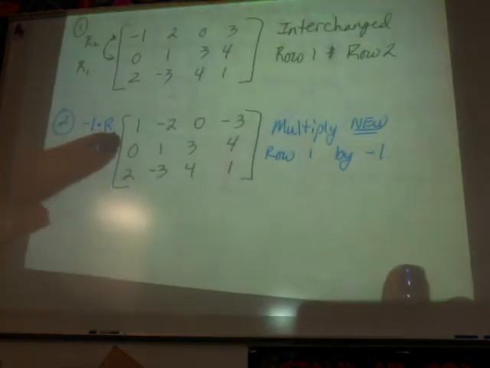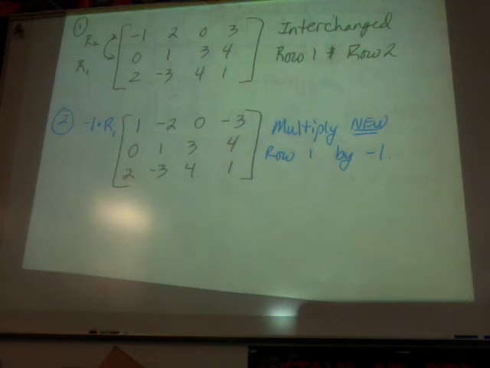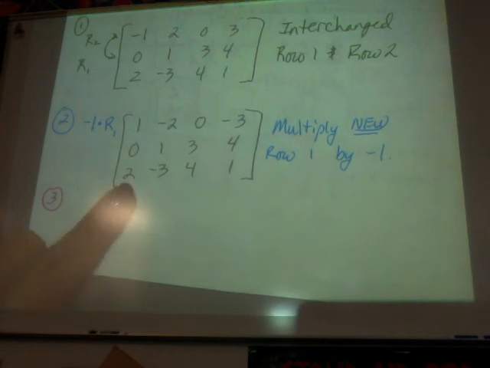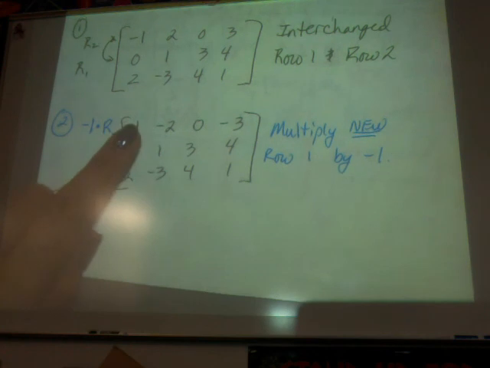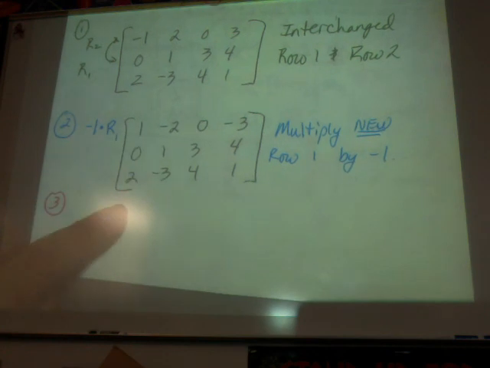So now I have a 1 and a 0. I need to make that into a 0. So we have to get a little tricky. What shall we do for our last step? Combine a couple things. What might I be able to do to something up here and then perhaps add it to that? I can multiply this row by negative 2 and add it to this row, right?